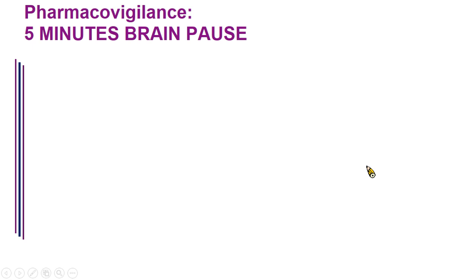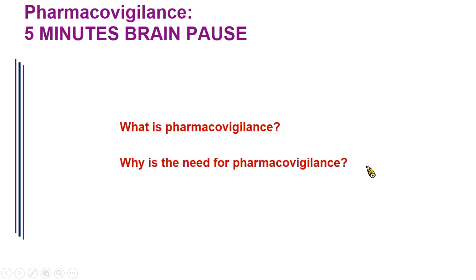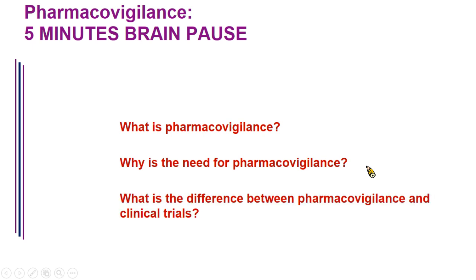Alright, so let's have a 5 minute brain pause, and I would like to ask you to quickly think about these questions again, like I mentioned. What is pharmacovigilance? Do you have a better understanding so far? Why is there a need for pharmacovigilance beyond just the clinical trial itself? What is the difference between pharmacovigilance and clinical trials?